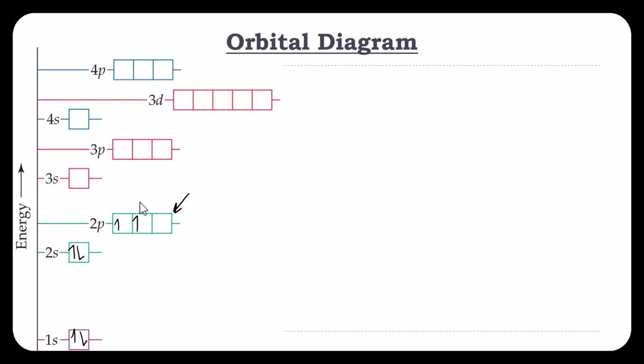Are you going to just hop into that room with that person, or are you going to go to the next room, see that it's empty, and choose that one? You're going to go to the empty room, right? Electrons are going to do the same thing. If we're on the same energy level, filling the same shaped orbital, they will go in as unpaired first, and then when there's no other options, they'll pair up.